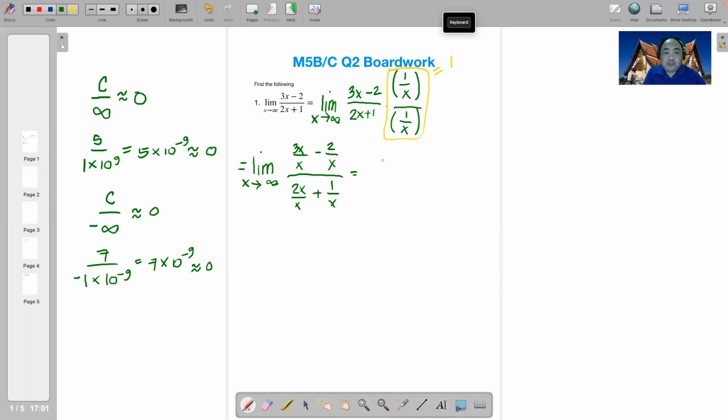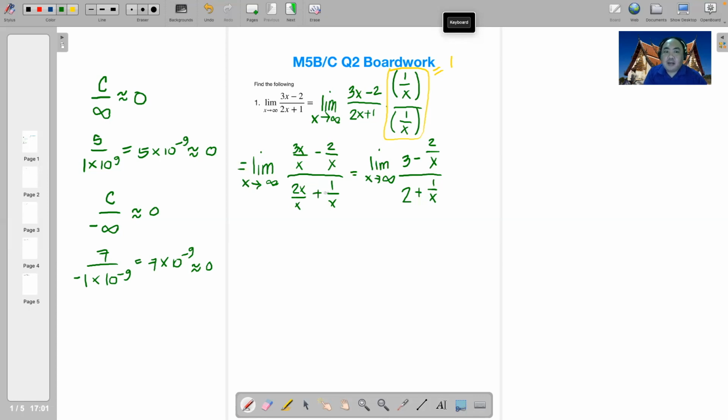Going further and canceling the x's, you will get the limit of 3 minus 2 over x divided by 2 plus 1 over x as x approaches infinity.